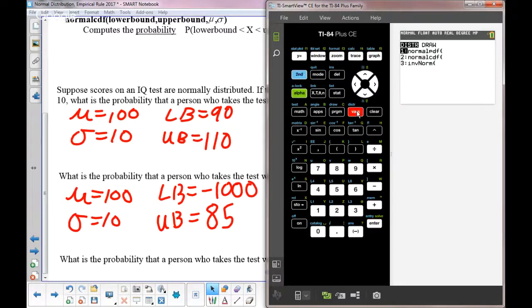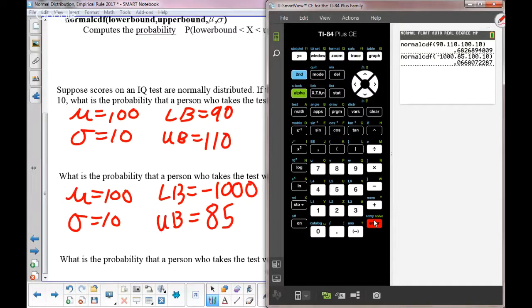So again, second vars, normal CDF. My lower bound, I'm going to put negative 1,000. My upper bound is 85, and I'm not even going to have to change my mean or standard deviation because it's already in there. Paste, enter, and I get 0.0668.